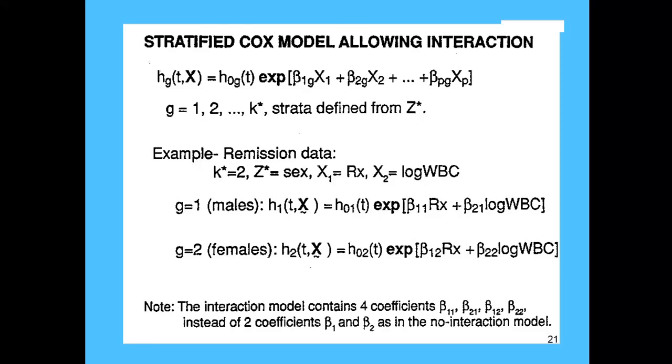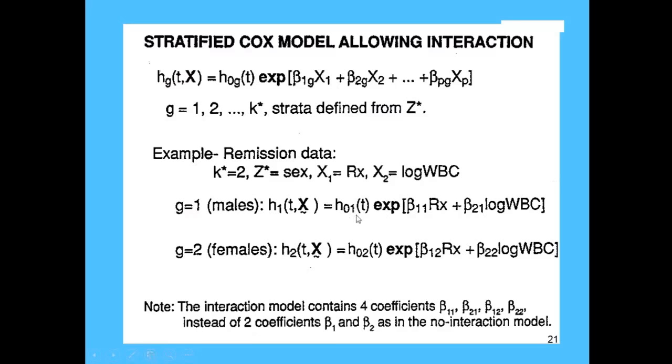Now, just to see what the interaction model looks like for the remission time data set, suppose we have two strata, where the variable we're stratifying on is sex, and the two variables we're putting in the model are treatment and log white blood cell count. This is what the model will look like for males and females.